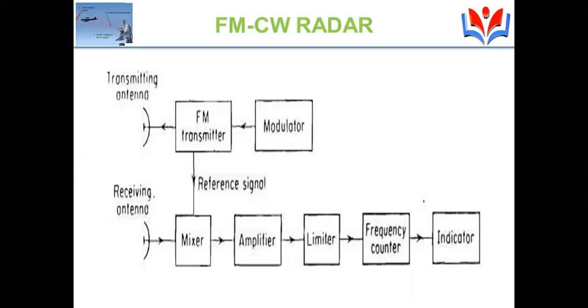The limitation of CW radar is that it is only used to measure the relative velocity. But FMCW radar is able to measure both relative velocity as well as range. Let us see how it works and how we measure both parameters.